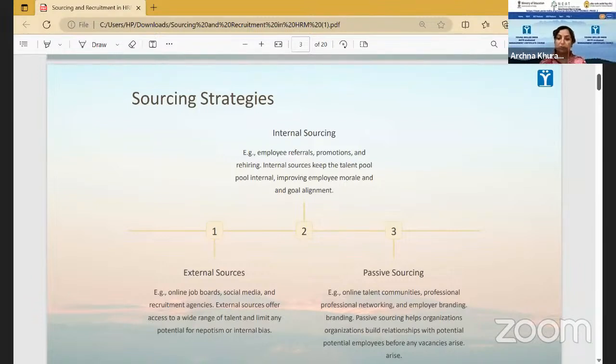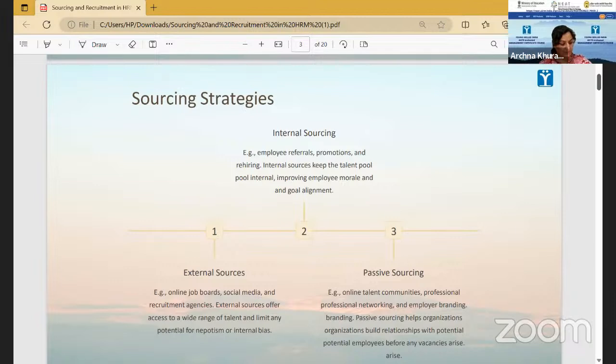But for the MSME sector, for smaller organizations and for startups, it's very important that they start working on branding side by side, because the more the right kind of branding, the right kind of information reaching out on social media about them, the more chances that people would be happy to join the organization. So this is called passive sourcing.